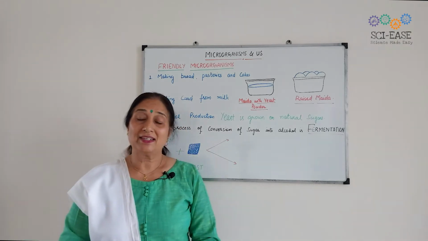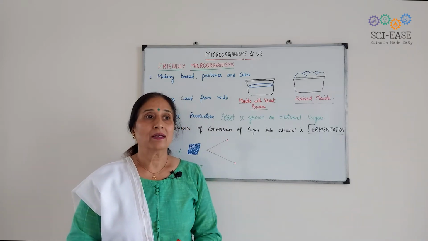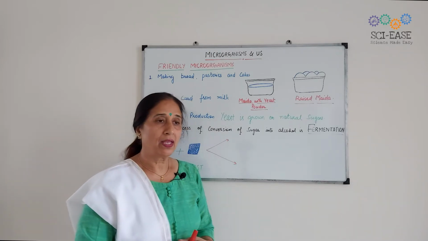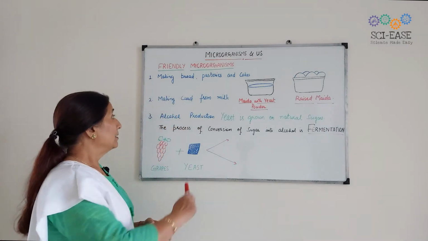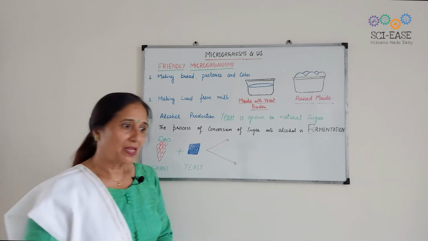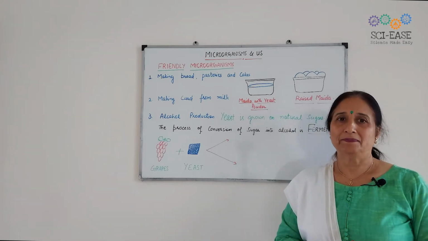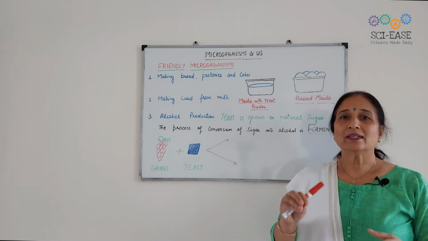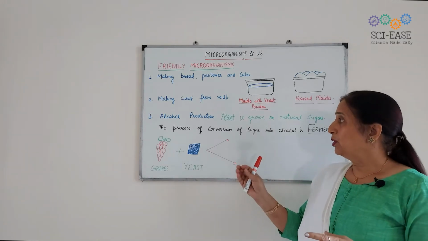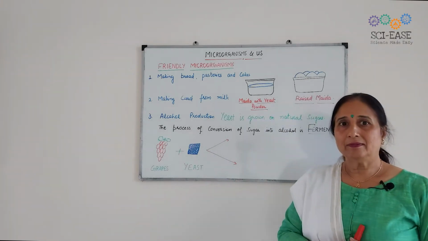Now, next I have told you that commercially also these microorganisms are useful to us. That is for alcohol production. You take some sugar and put water in it, and then you put some yeast in it and mix it well.